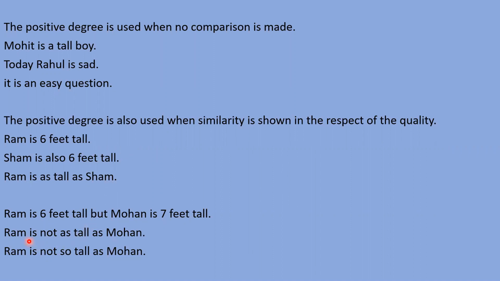Suppose Ram's height is 6 feet and Mohan's height is 7 feet, so we can say Ram is not as tall as Mohan. This sentence we can also say: Ram is not so tall as Mohan. Remember this point: the positive degree as-as formation we can't use in a positive sentence; in a negative sentence we can use this formation.